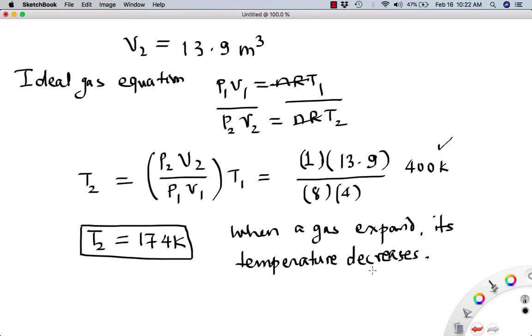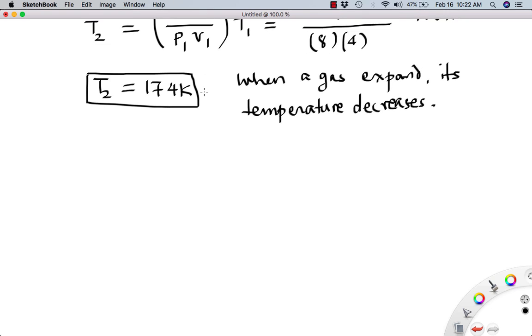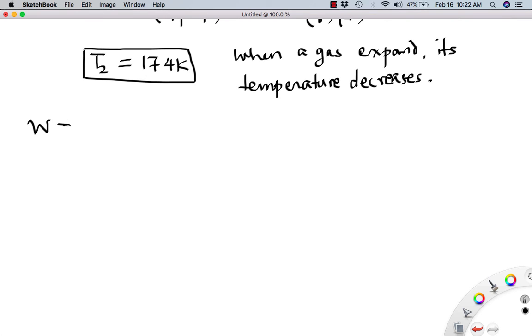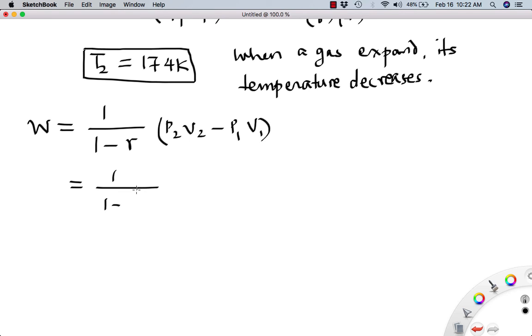So let's calculate the work here. We have the expression for work. Work is 1 over 1 minus gamma times P2 V2 minus P1 V1. This W is capital because we want to find the total work. So 1 over 1 minus 3/5, and now here we need to use pressure in Pascal.